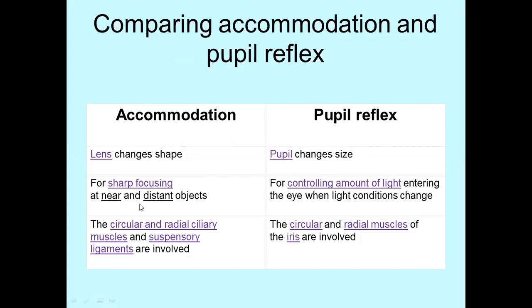Accommodation occurs for sharp focusing on near and distant objects, whereas a pupillary reflex occurs for controlling the amount of light entering the eye when light conditions change. In accommodation, it is the circular and radial ciliary muscles and suspensory ligaments. In the pupillary reflex, it's the circular and radial muscles of the iris.